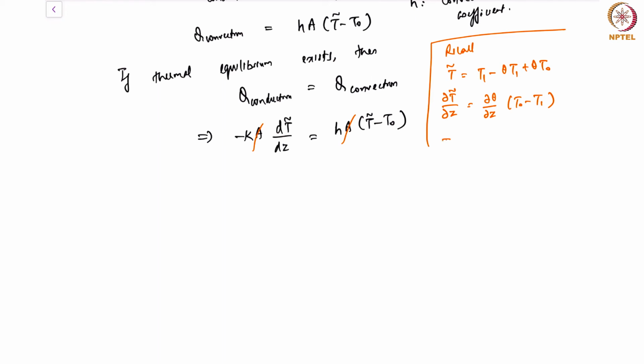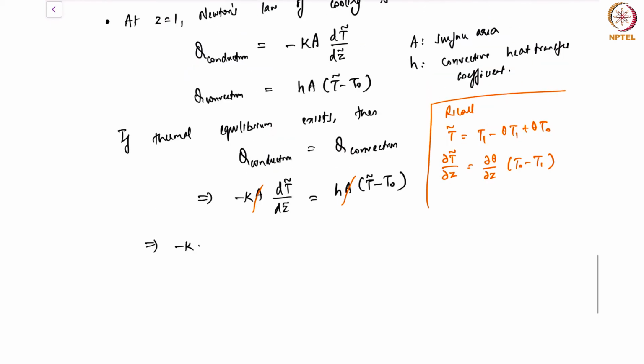And also we have T minus T naught essentially becomes... maybe just substitute this and see. So what we now have is minus k dT by dz. This all should be dimensional.